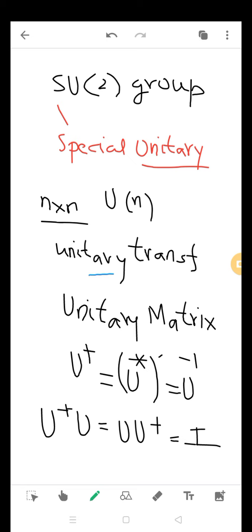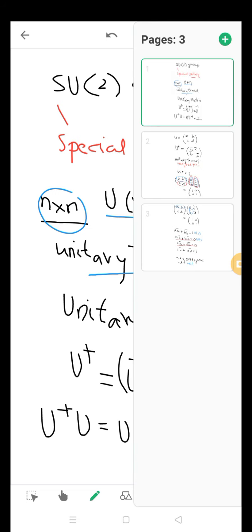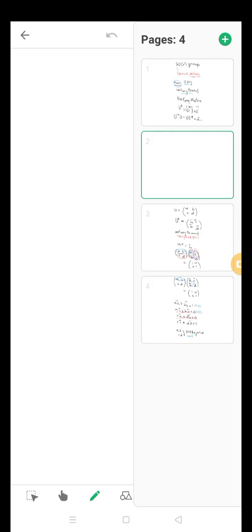All the unitary transformations in an n by n vector space form the unitary group, and one of the unitary groups is your SU2 group.